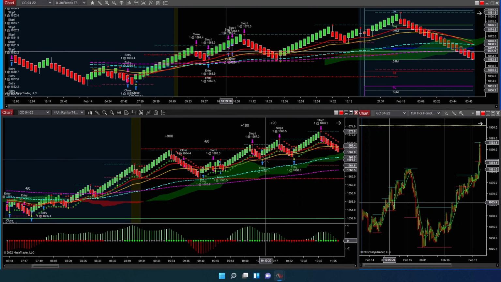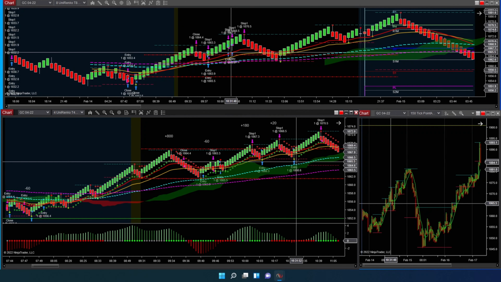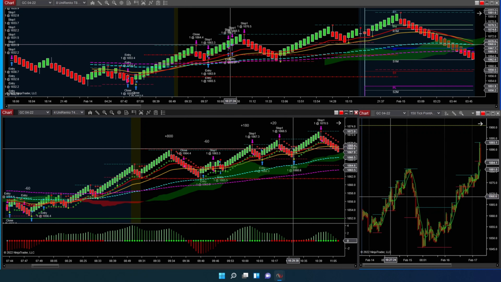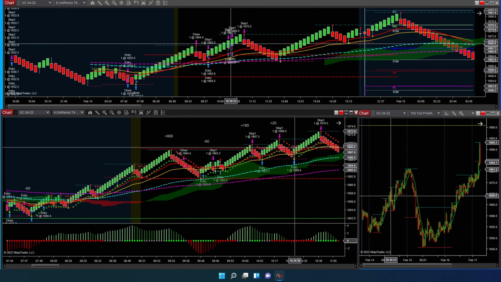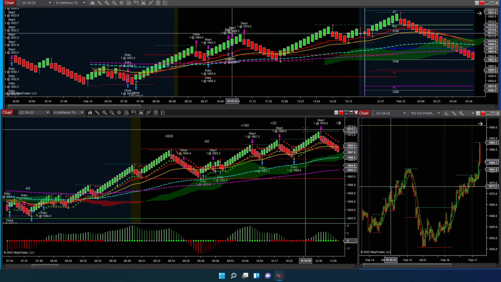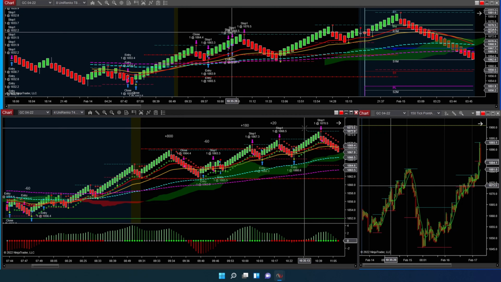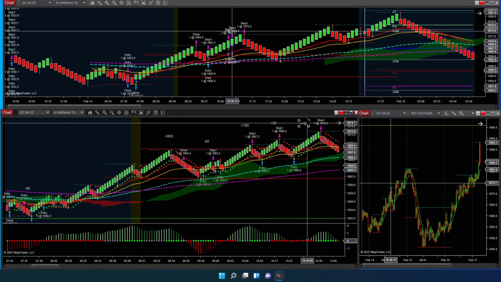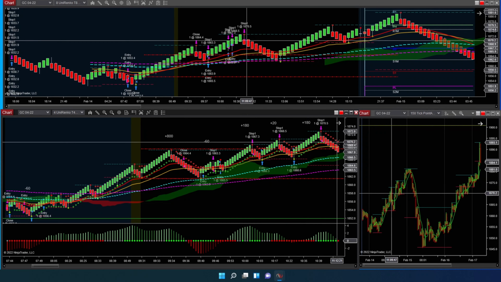It came back down and made a similar double bottom right here, and I took this entry right there. This one was bought at 1868.6, and then it was sold at 1870.5. So this one was $190 profit.